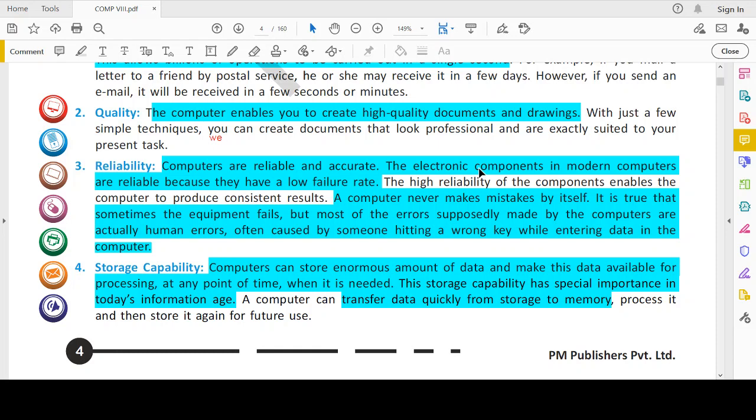A computer never makes a mistake by itself. It is true that sometimes the equipment fails, but most of the errors supposedly made by computers are actually human errors, often caused by someone hitting a wrong key while entering data in the computer.